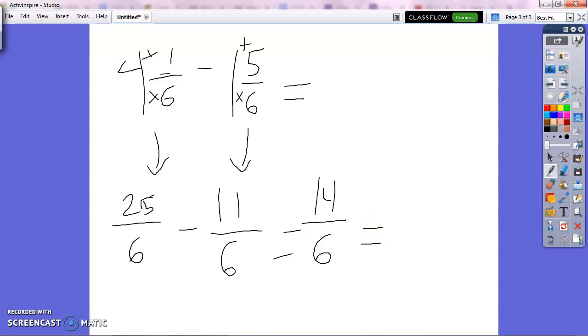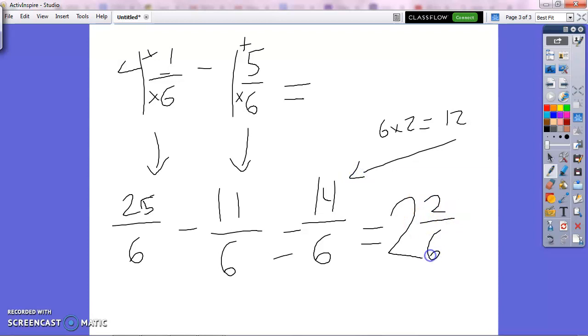I think to myself, how many times does 6 go into 14? Twice. 6 times 2 is 12, so the remainder between 12 and 14 is 2. So it's 2 and 2/6. But wait, there's more. You can't leave it like this, which a lot of you did, but it's okay. You have to simplify. So think to yourself, what one number could I divide 2 and 6 by that would make it smaller?